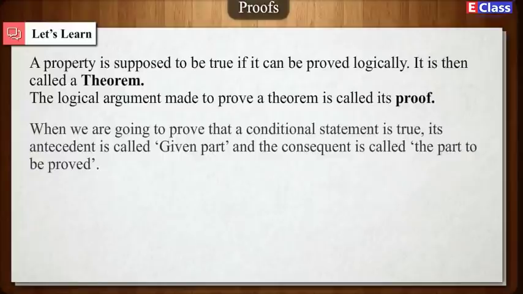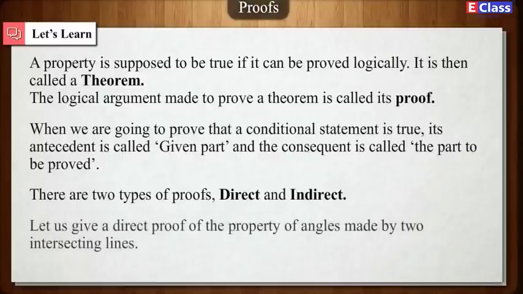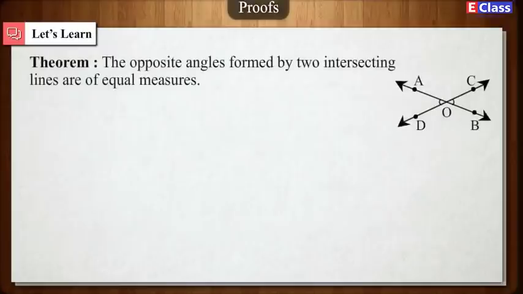There are two types of proofs, direct and indirect. Let us give a direct proof of the property of angles made by two intersecting lines. Theorem: The opposite angles formed by two intersecting lines are of equal measures.